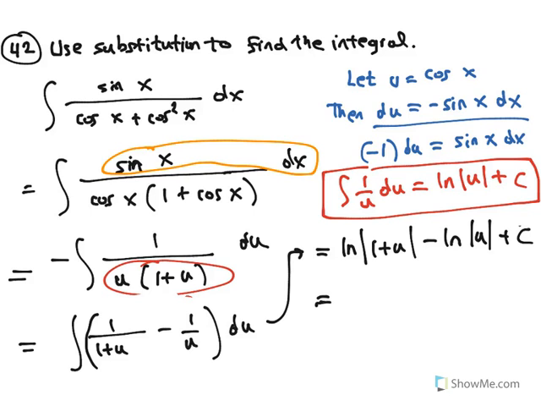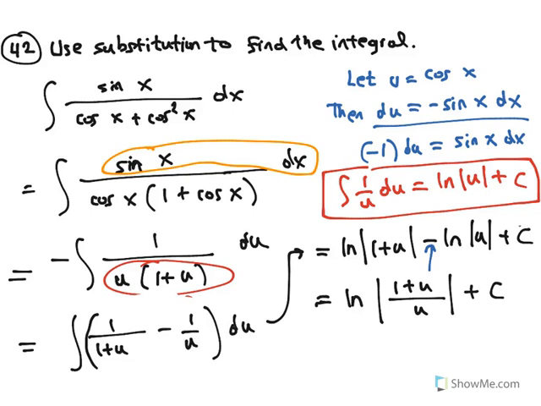If you are doing this problem on the AP exam, you may have the antiderivative expressed in a different but equivalent form, for example, using properties of logarithms. So you have a difference of two logarithms with the same base. There's something called the quotient property, and you can write that as the natural log of 1 plus u divided by u, all in absolute value.